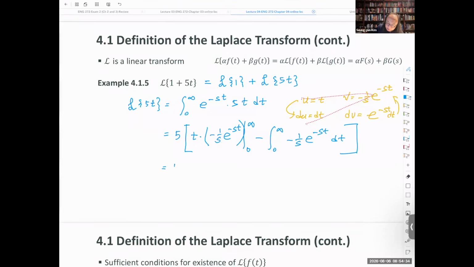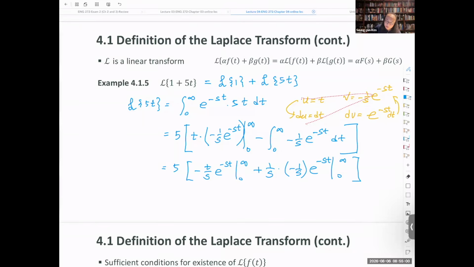I'm going to write one more time: 5 times negative t over s e to the negative st, going from 0 to infinity, minus minus, plus 1 over s times negative 1 over s e to the negative st, going from 0 to positive infinity.